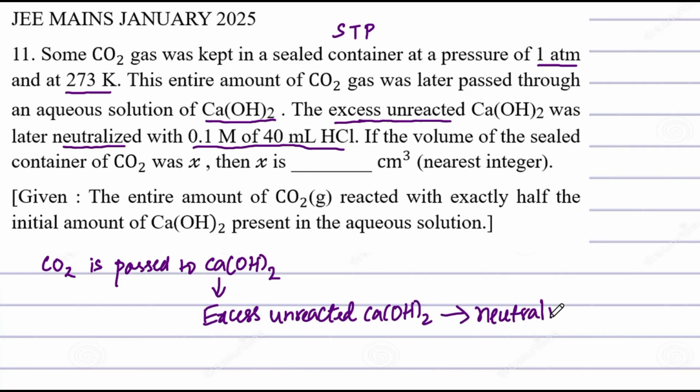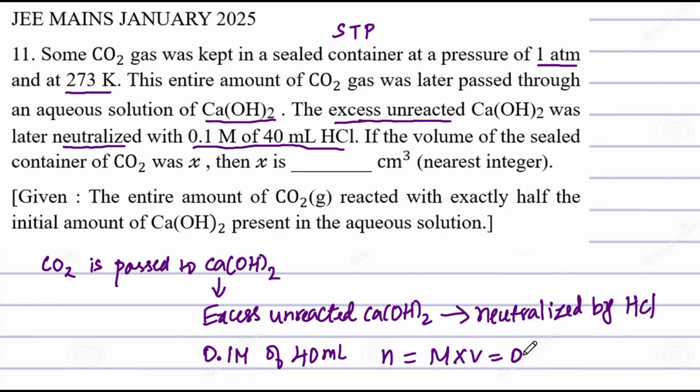So a neutralization reaction takes place, neutralized by HCl. Here the concentration of HCl is given as 0.1 M and the volume is 40 ml. With this we can find the number of moles. Number of moles equals molarity into volume, that is 0.1 into 40 ml, that is 0.04 liters. So you will get 0.004 moles.